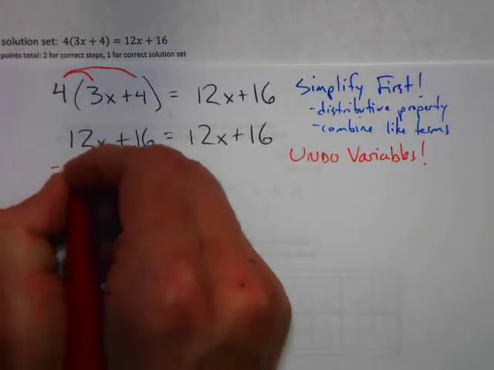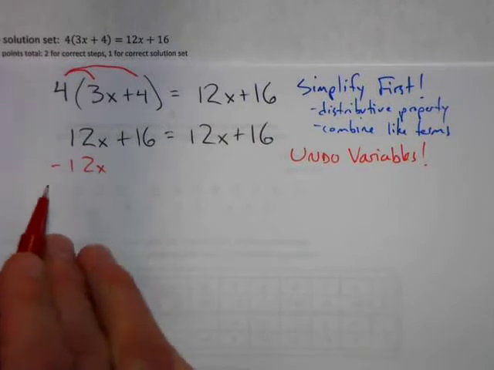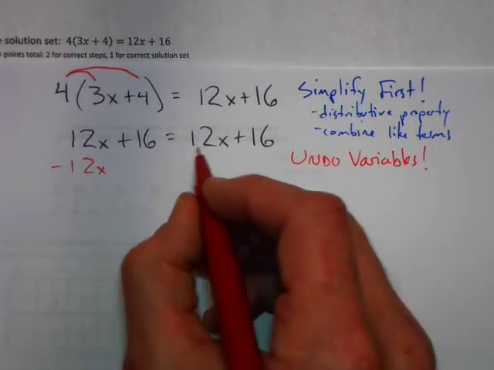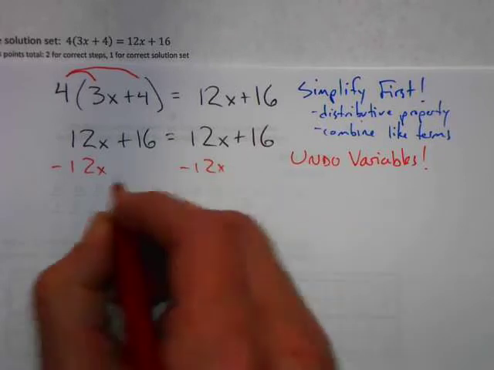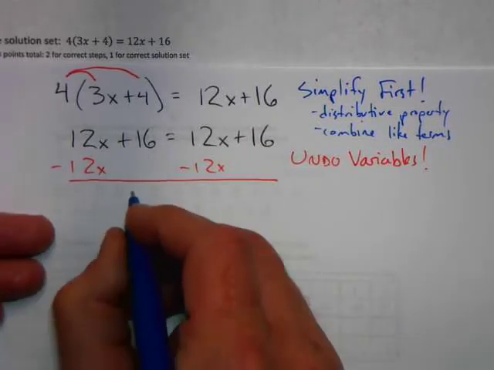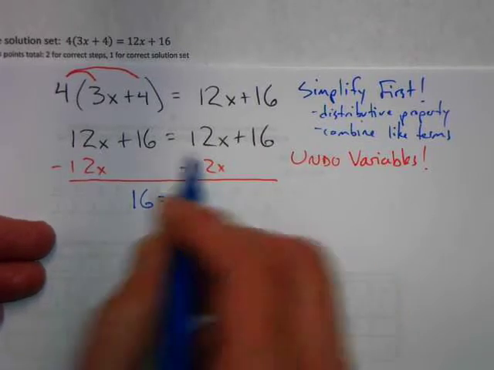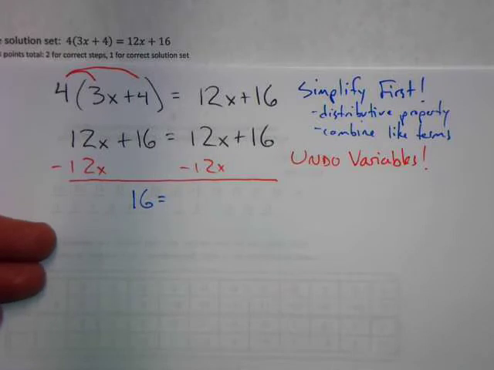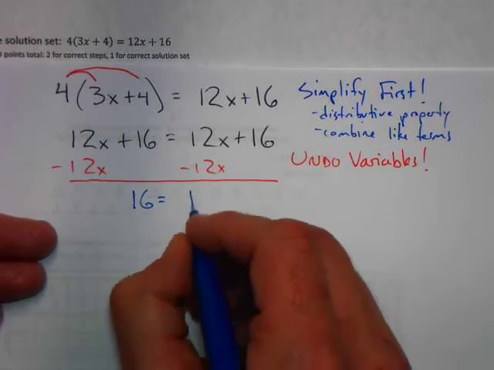Simply take it away. So I'm going to take away a 12x. And if I take away a 12x from one side, I'm going to take away the 12x on the other side. And I'll be left with positive 16. And look what happened. The 12x cancels here, the 12x cancels here. I'm left with a positive 16 over there.